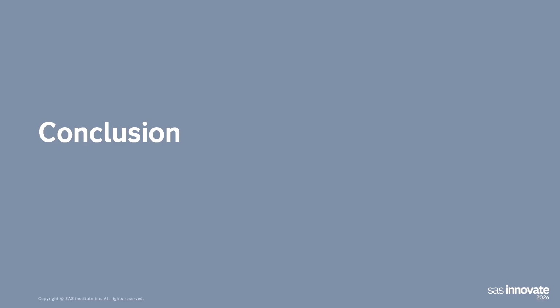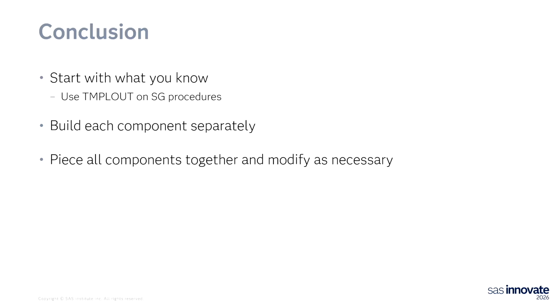So in conclusion, we advise you to start with what you know, and use TEMPLATE OUT or the SG procedure. Build each component separately, piece all components together, and modify as necessary.